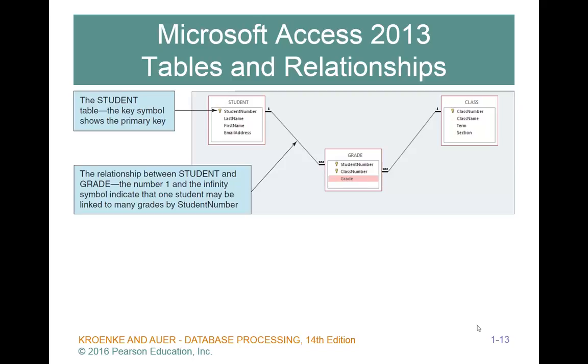But in the grade table, we have two keys represented, student number and class number. That tells us that it is a composite key, but also that there are foreign keys that map back to their original tables, with grade just being a regular column or attribute in that table to add additional information that corresponds to a specific student and a specific class.